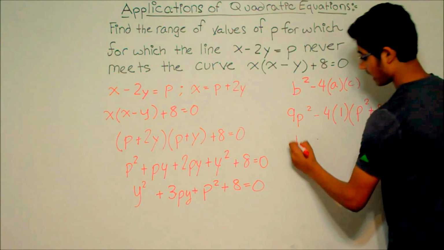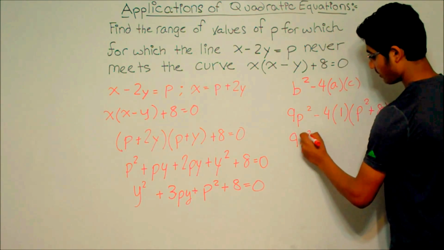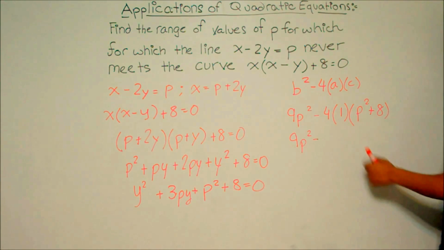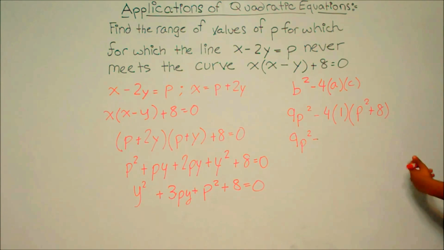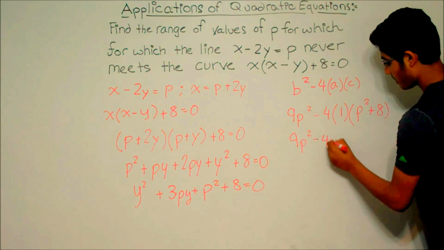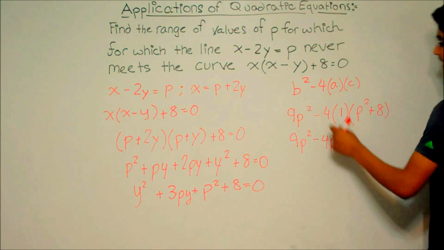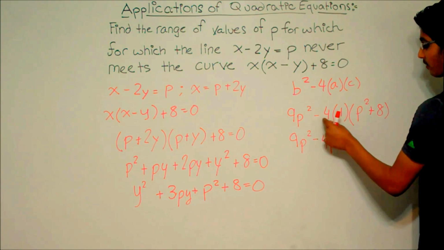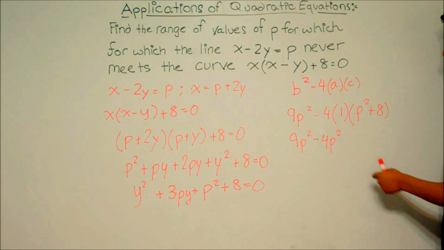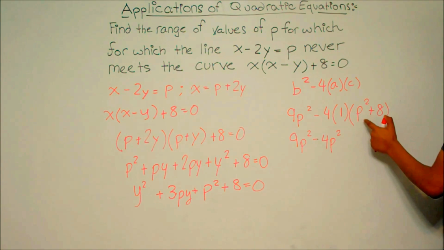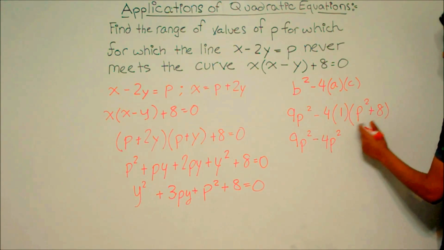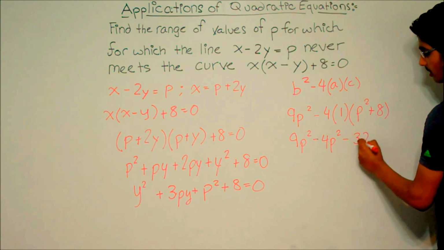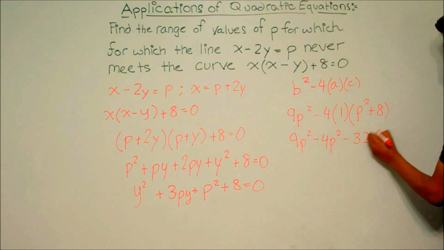So this becomes 9p squared minus 4 times 1, which is 4, times p squared, which becomes 4p squared, and minus 4 times 8 is minus 32, is less than 0.